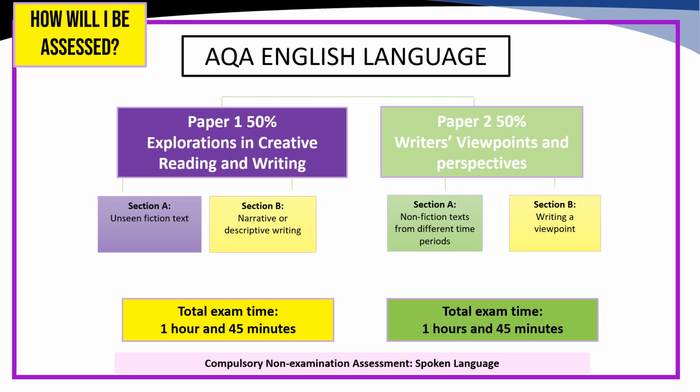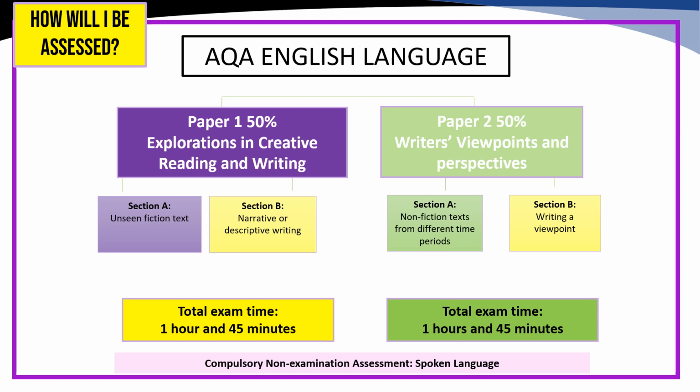Section A involves reading an extract from a fiction text in order to consider how writers use both language and structural methods to capture the interest of readers. In Section B, you will be asked to create your own text, and this will be inspired by the topic that you have responded to in Section A to demonstrate your narrative and descriptive writing skills.